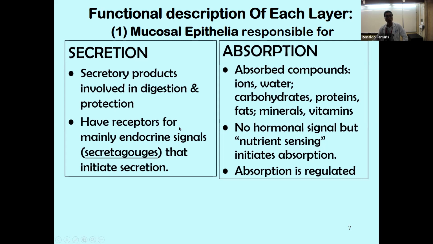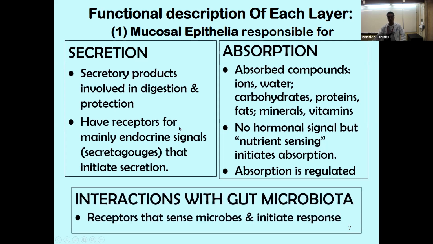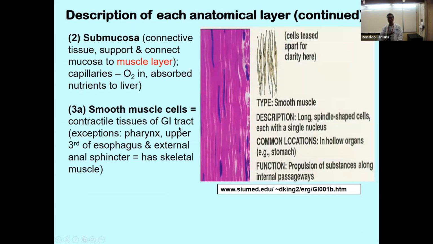Towards the end of your lecture, I will introduce the gut microbiota. The mucosal epithelia, as well as the lamina propria immune cells, have receptors that sense microbes and initiate a response to those microbes. We talked about the submucosa.